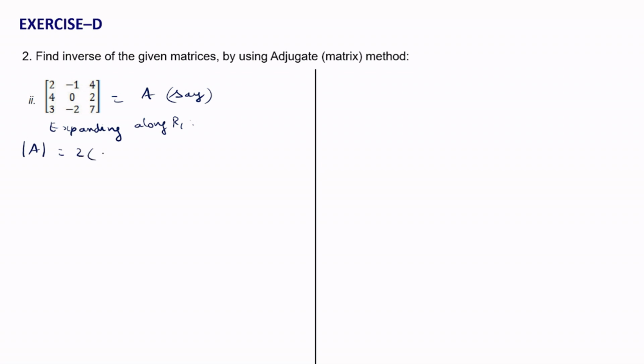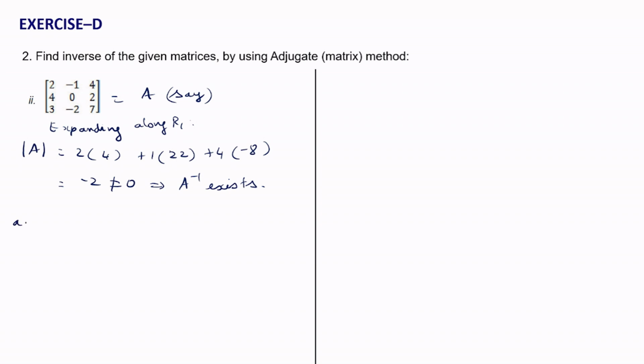So it is 2 into 0 plus 4, 4, plus 1 into 28 minus 6, 22, plus 4 into minus 8. So this is 30 minus 32, which is minus 2, not equal to 0. Therefore, A inverse exists.